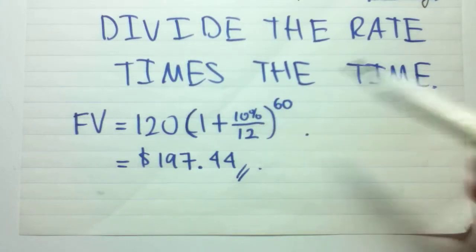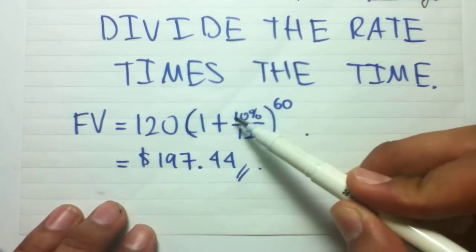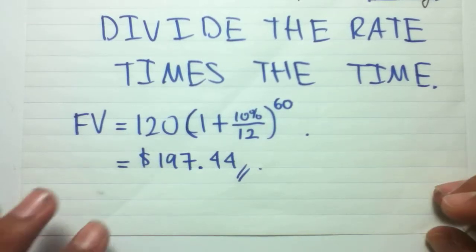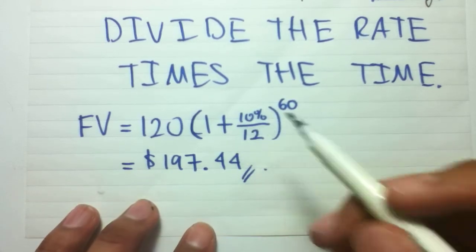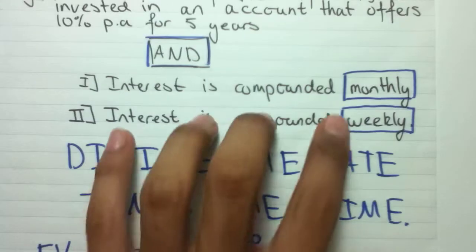I left it like this so it can be in exact form. Because if you were to evaluate this expression, you would have a recurring decimal or something that's very long and very ugly. If you leave it in the exact form, it'll look a whole lot nicer. Okay, so that's for the first part, such that interest is compounded monthly.